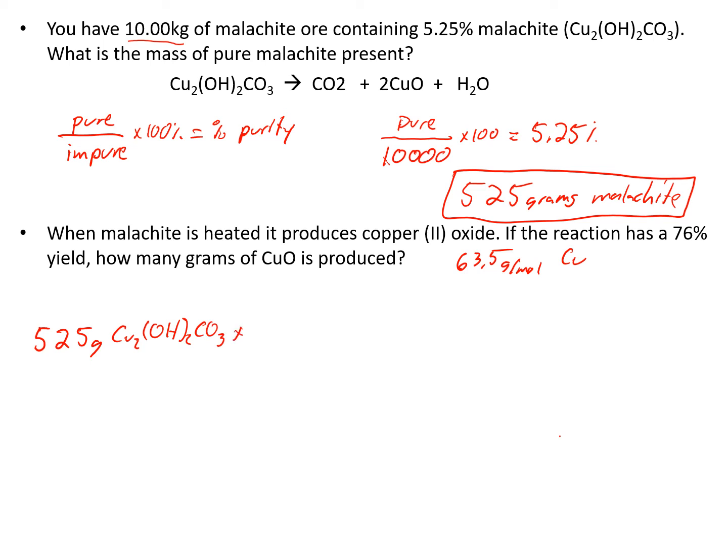CO3. I want to change that into moles, so I'm going to go 1 mole is equal to, and the molar mass of malachite is 63.5 times 2 plus 32 plus 3.5 times 2 plus 32 plus 2 plus 12 plus 48.